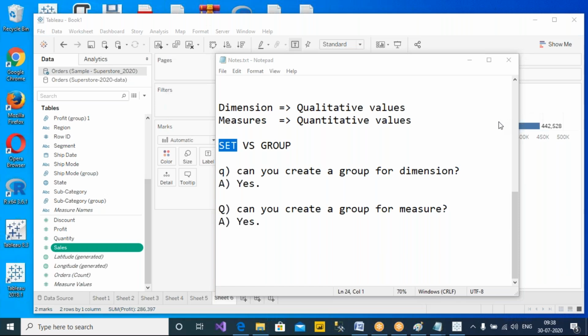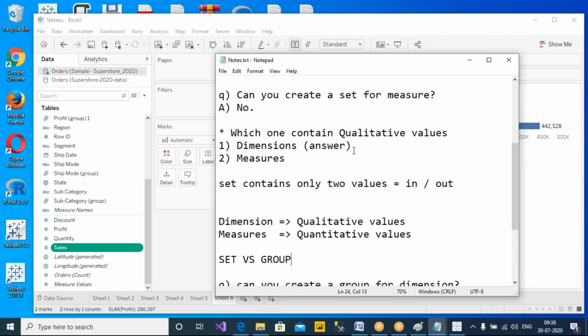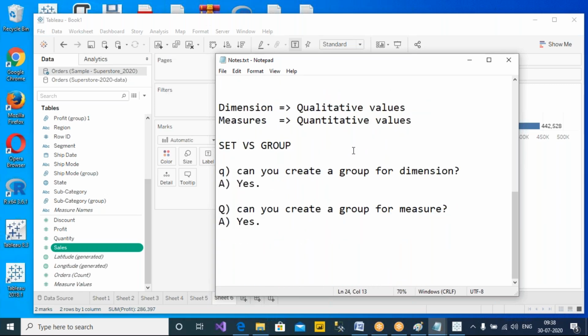And sir, can you tell the differences once more between set and group? It's the same thing. A set is in and out, but with a group you can have multiple groups based on your selections, based on the conditions. Sets cannot be created for a measure, but groups can be created for the dimensions and for the measures.